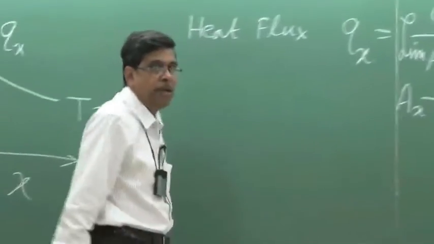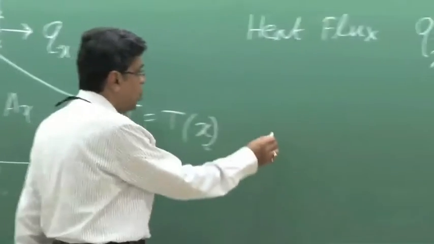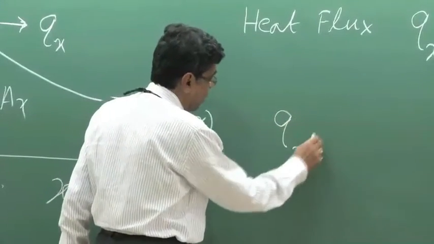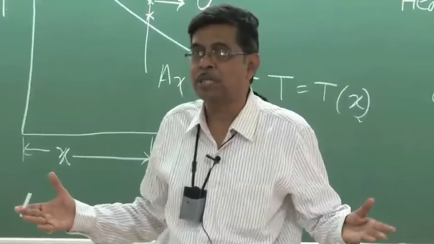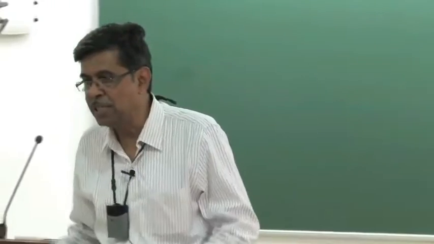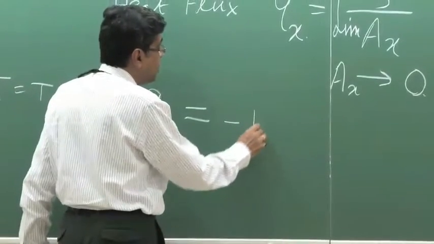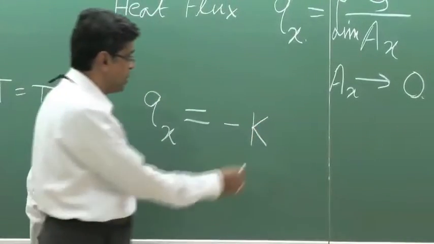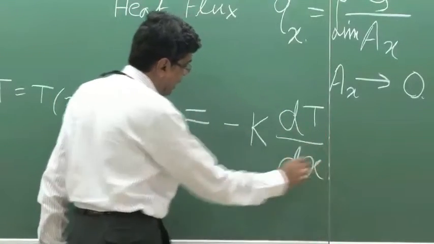If you define the heat flux this way, then for example here in the direction of x, Qx can be written by a widely known, widely popular equation, and we are grateful to the great mathematician or physicist of France, Joseph Fourier, who from his experimental observation told that this will be proportional, with a proportionality constant, to the temperature gradient in the direction of heat flow.